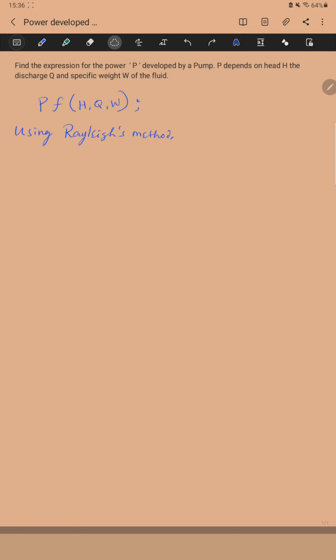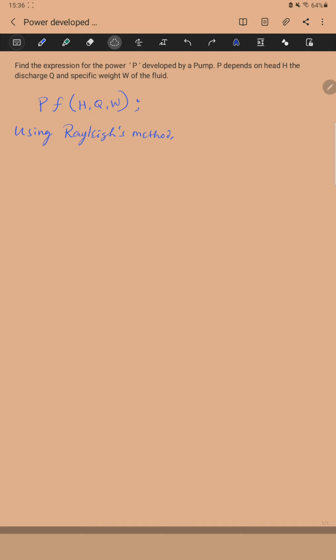Rayleigh's method is just an easier way and also more primitive. I wouldn't say primitive. Well, let us just say that Rayleigh's method is mostly used when the number of variables is very small.